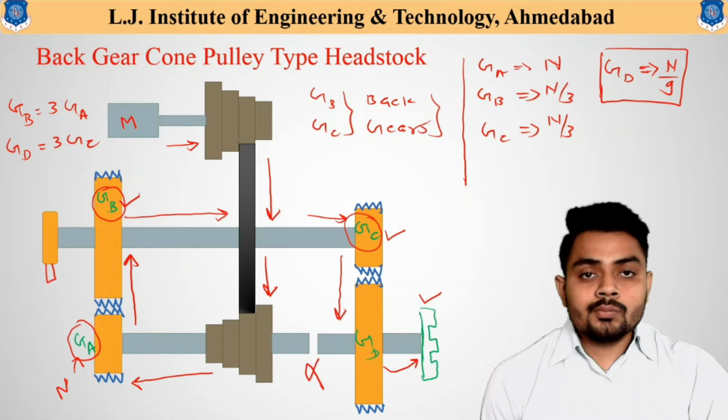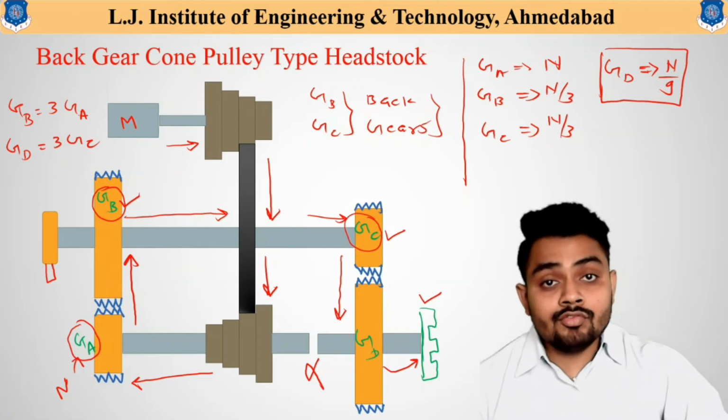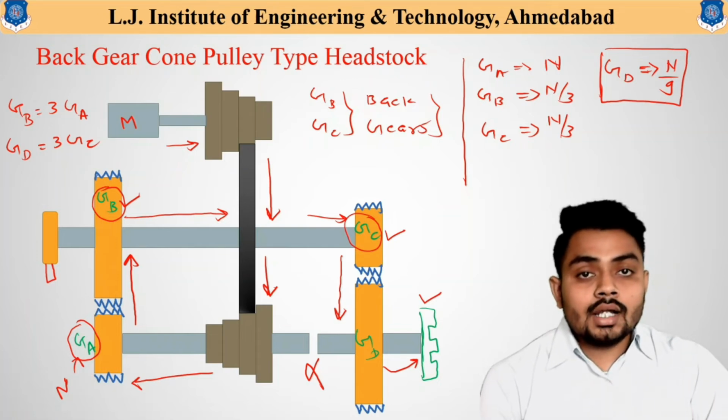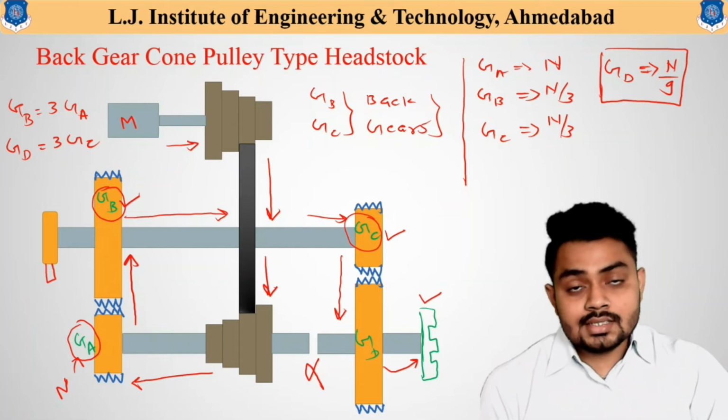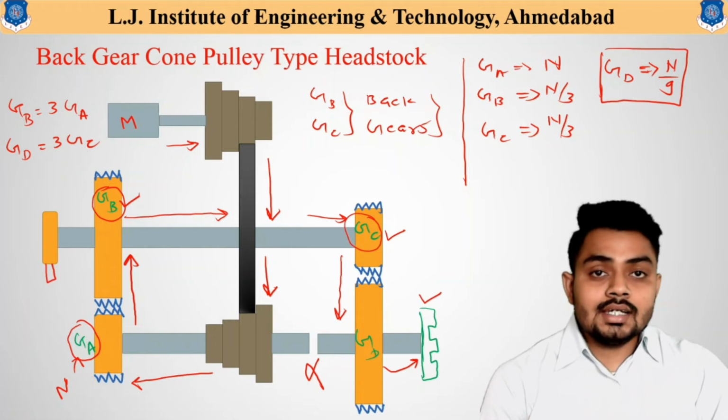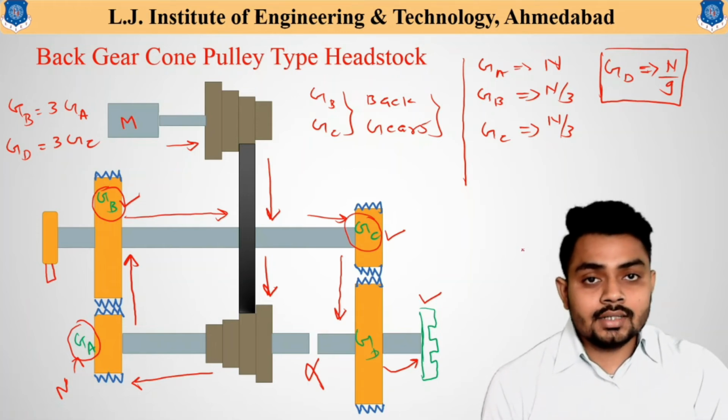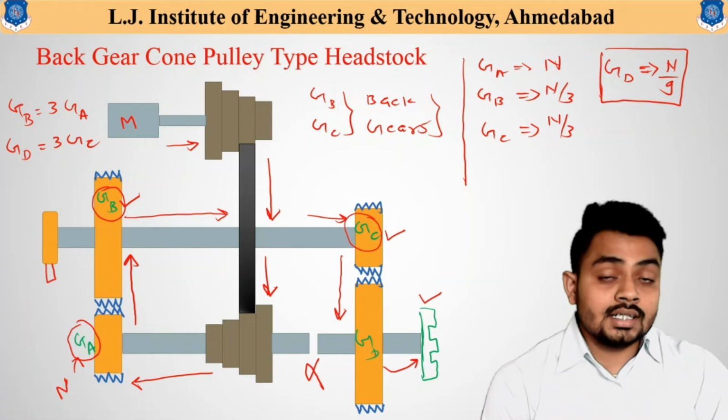So from the normal N RPM, we have reduced the RPM to a ninth of the regular RPM. That means this is how the RPM is reduced using this back geared cone pulley type arrangement.